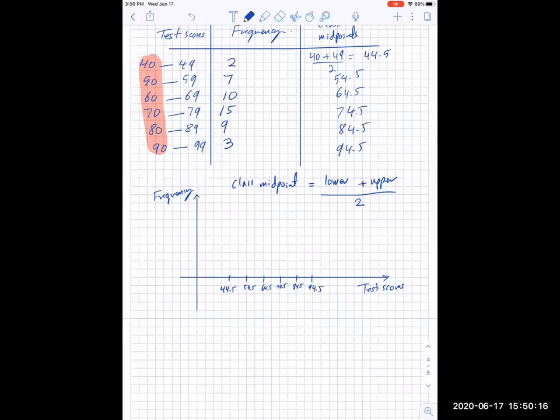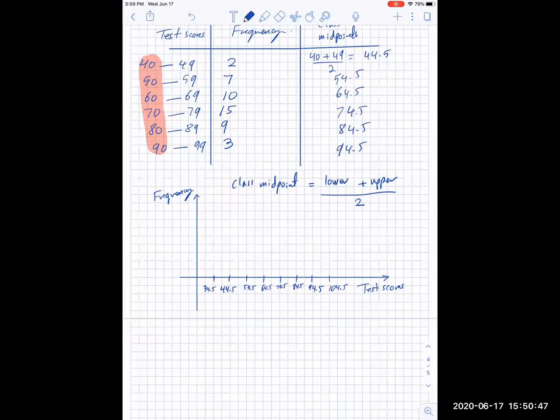All right, these are my class midpoints. Now I'm going to ask you a quick question here. If there is another class before our first one, what is the midpoint of this class? Let's assume there is another one before the 44.5. Then it's going to be 34.5. And if there is another one after the 94.5, it's going to be 104.5.